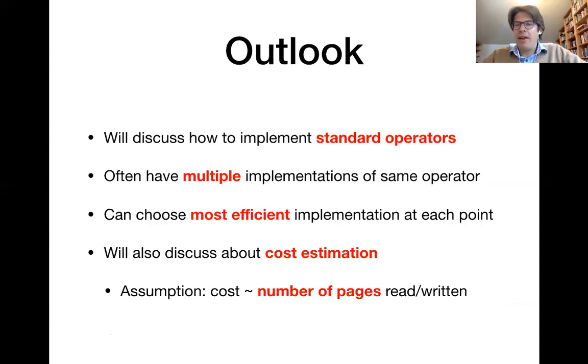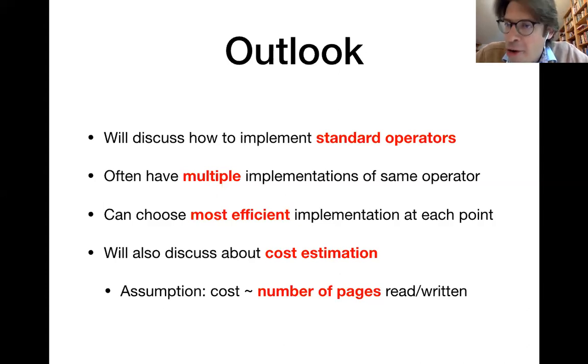All right. The first thing we will be discussing is how we can actually implement those standard operators that we have just seen. I told you that database management systems use a set of standard operators in those query plans. And typically for each of those standard operators, like the join, for instance, you would have not one implementation, but many alternative implementations.